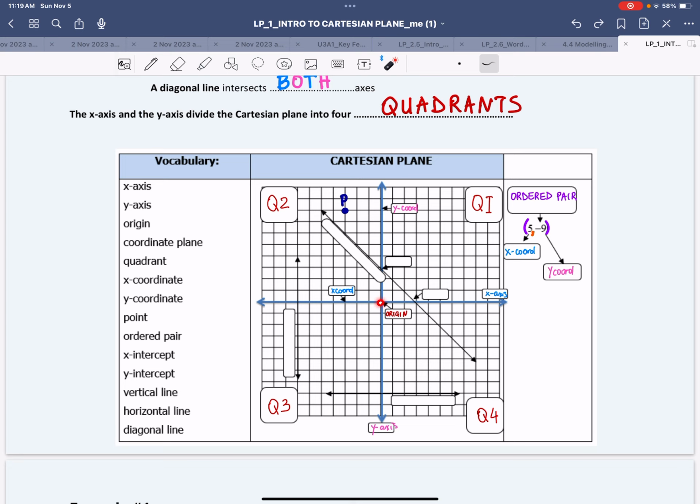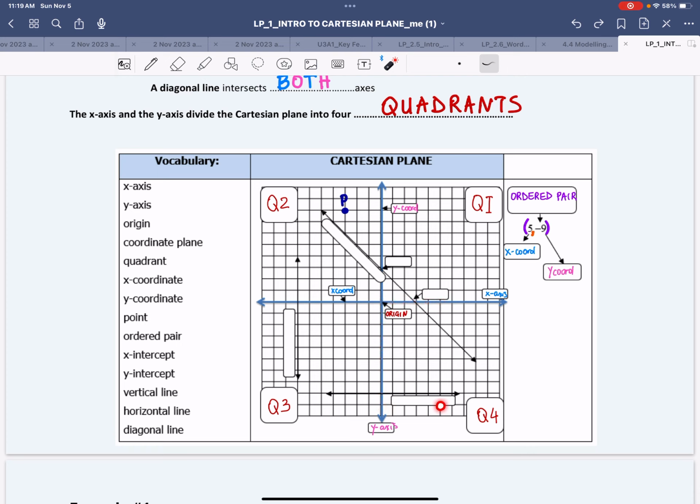This is x equals 0, 1, 2, 3, 4, 5. And then we go down along the y-axis and count 9 units in the negatives: 1, 2, 3, 4, 5, 6, 7, 8, 9. So the point with coordinates x equals 5 and y equals -9 will be somewhere here in quadrant 4.